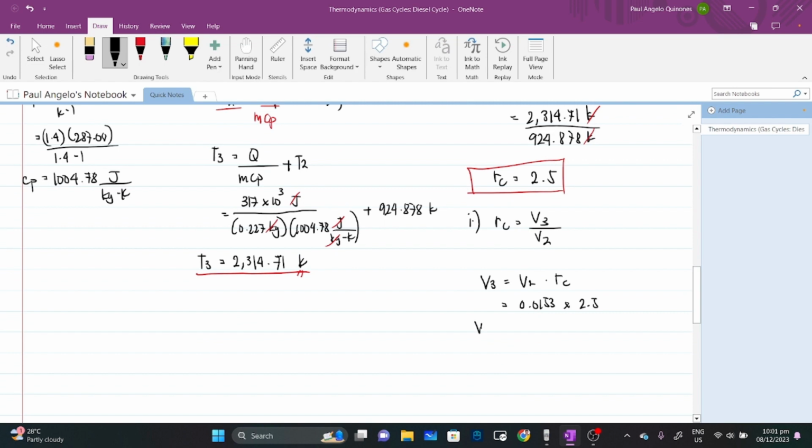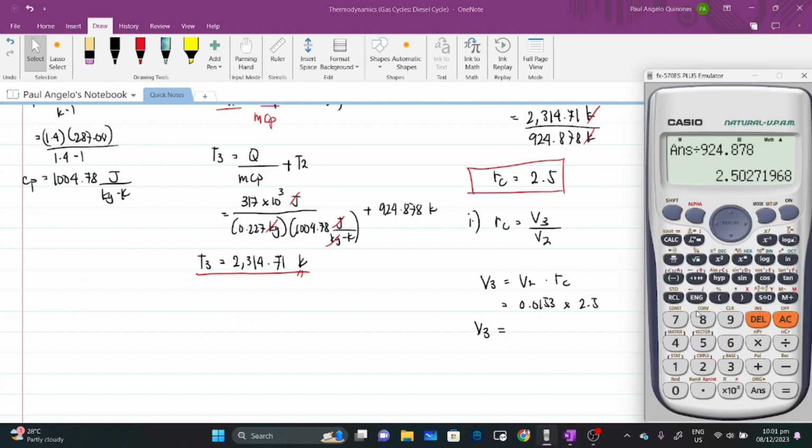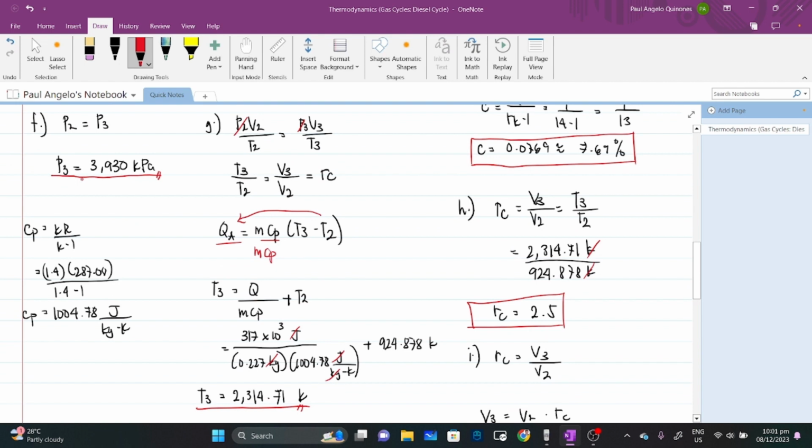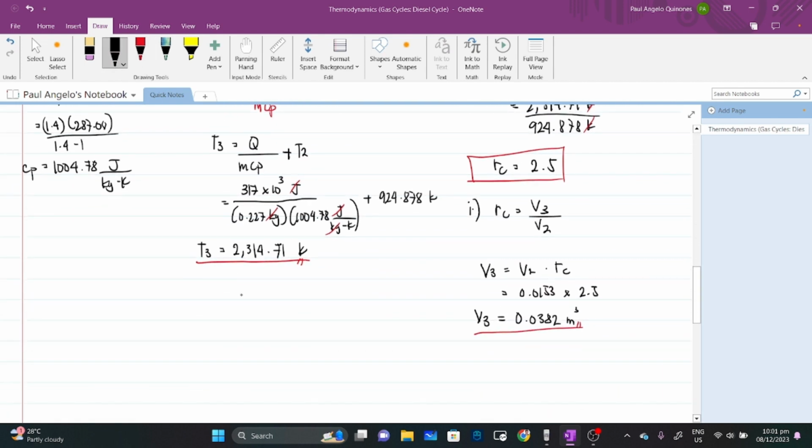So we have 0.0382 cubic meters. Okay, so we have V3, we have P3, we have T3, so we're done already with point number 3.